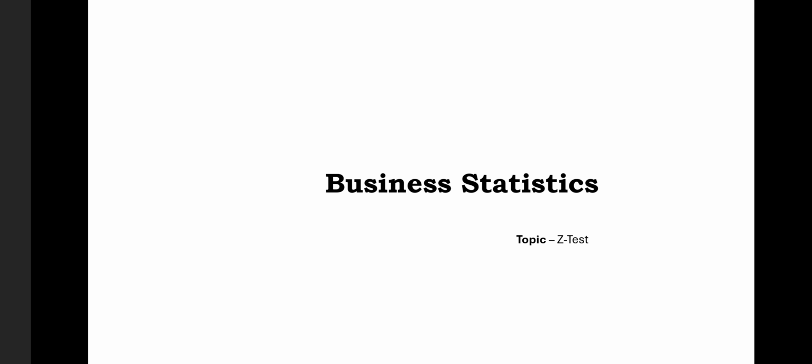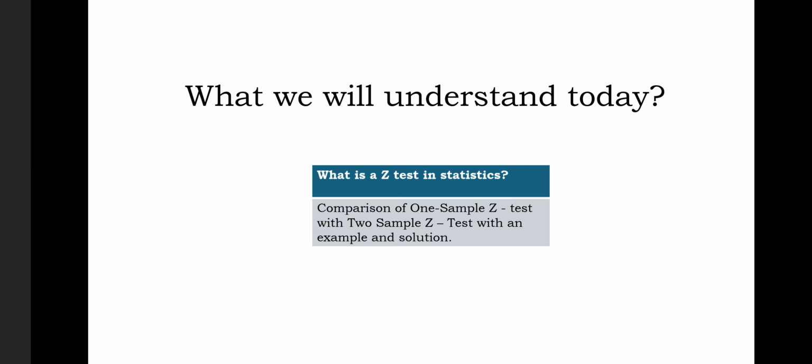So undoubtedly, today's topic in hypothesis, which is a very crucial aspect of research or statistics, is the Z test. Basically, we will do two amazing things today: learn what a Z test is in statistics, and of course, compare a one sample Z test with a two sample Z test, because they are the most common tests used in statistics.